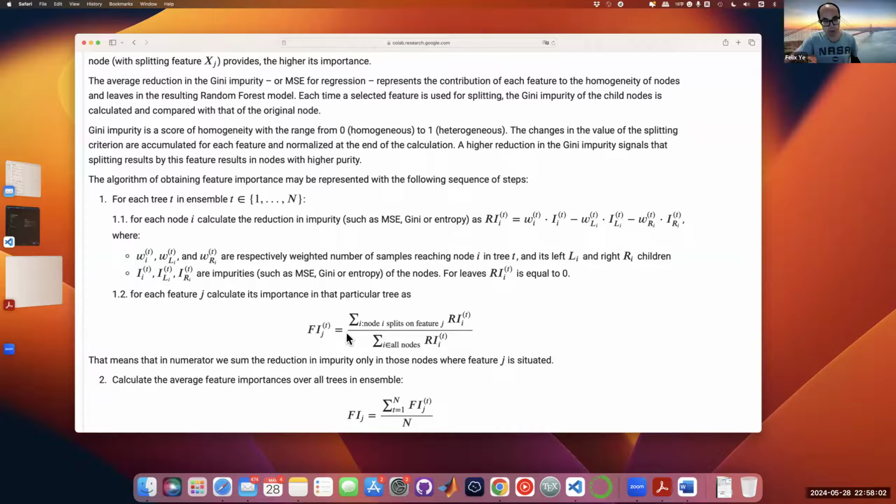This result is the feature importance of feature j for tree T.